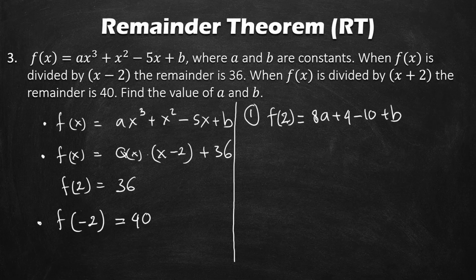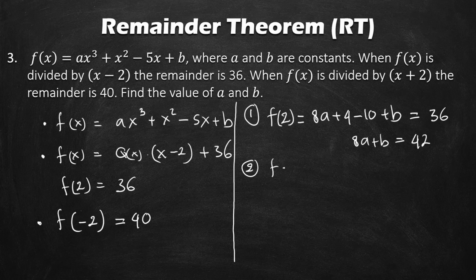So x equals to 2. I substitute to this equation here, equals to value of f(2) is 36, so this one will be equals to 36. And then simplify this one, so we will have 8a + b is equals to 42.